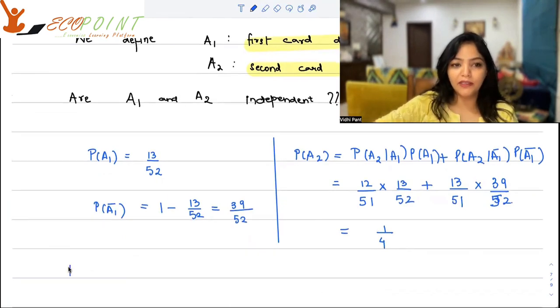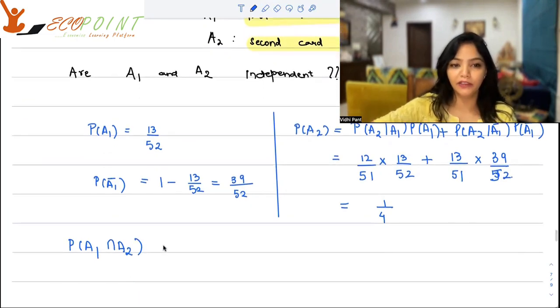Now for independence, what do you require? You require probability A1 intersection A2, and we would check whether it is turning out to be equal to the product of the two respective probabilities. So probability A1 intersection A2 is probability A1 into probability A2 given A1.